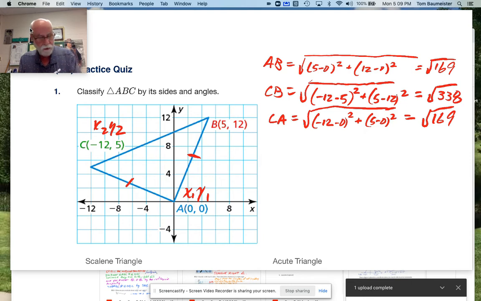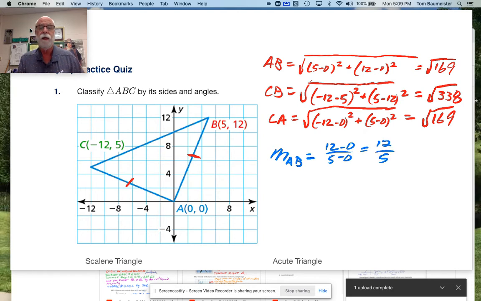So I'm going to go ahead and find the slope of AB. And remember, slope is y2 minus y1 over x2 minus x1. So the slope of AB is 12 minus 0 over 5 minus 0, which is 12 over 5. And I would leave it in fraction form for right now, ladies and gentlemen.